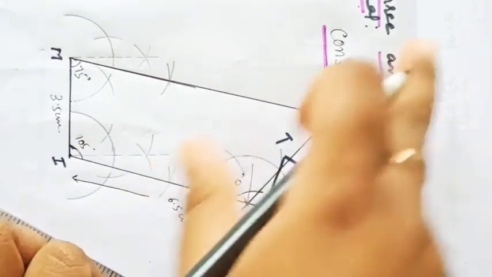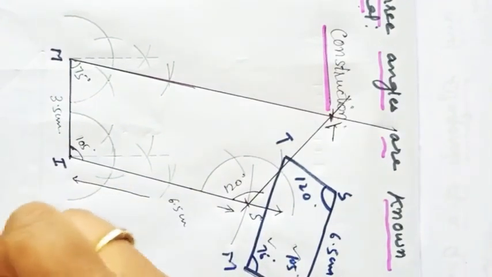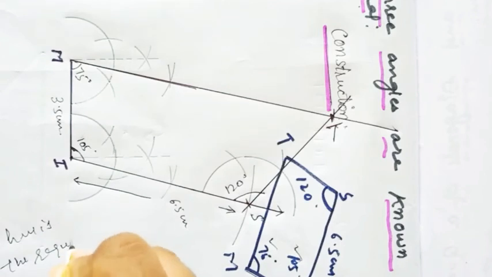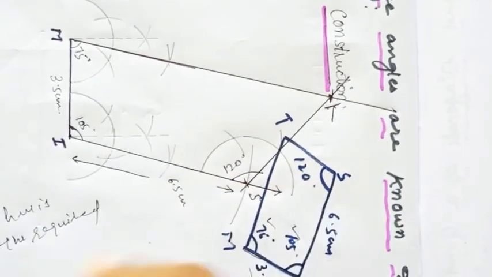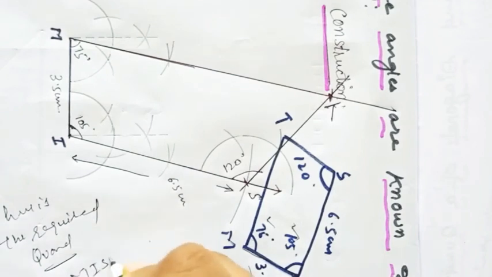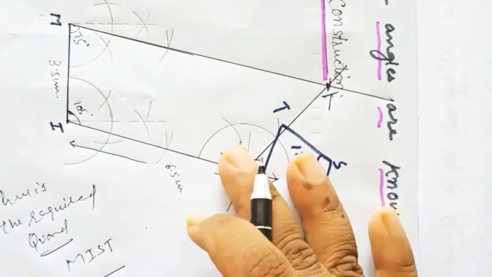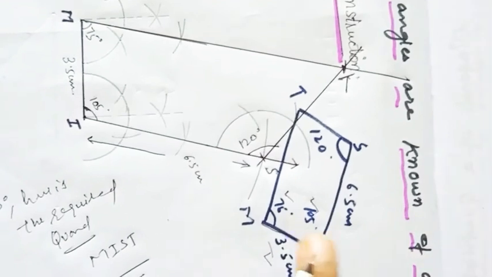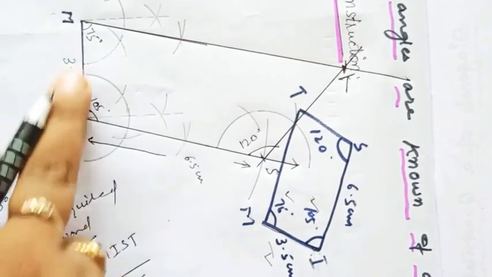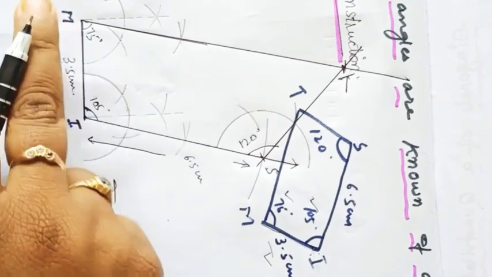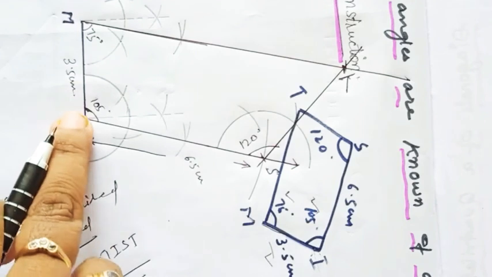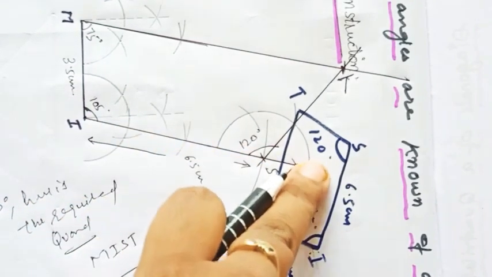So here is the required quadrilateral MIST. I repeat again, according to the given condition, first of all draw the 3.5 base. From I I have drawn 105 degrees, from M I have drawn 75 degrees. I have extended this 105 degree line in such a way that I could mark the 6.5 arc.